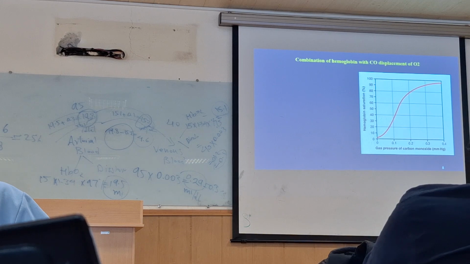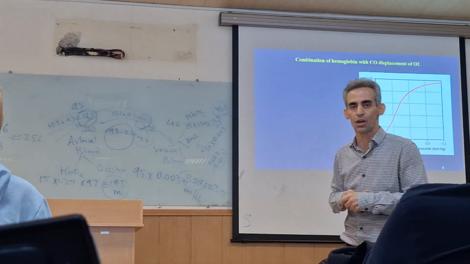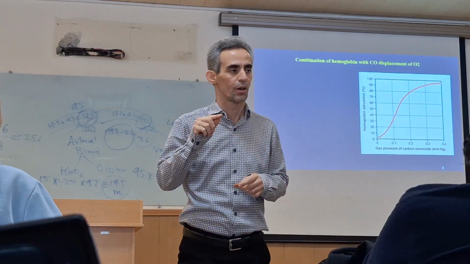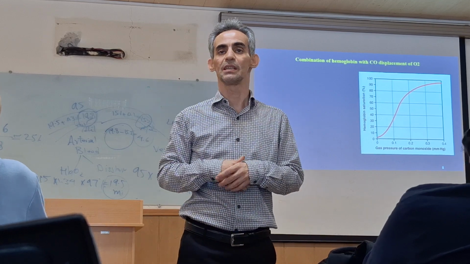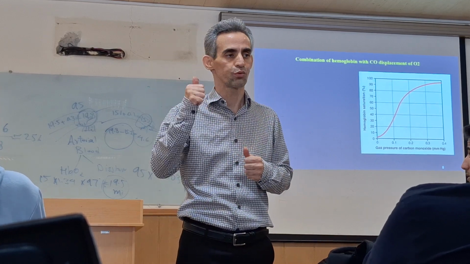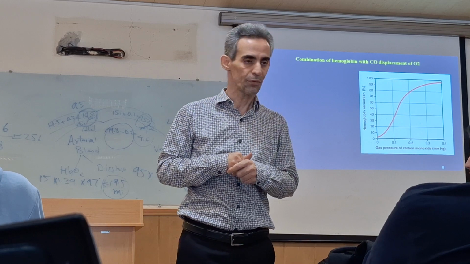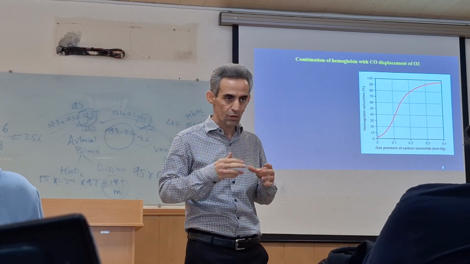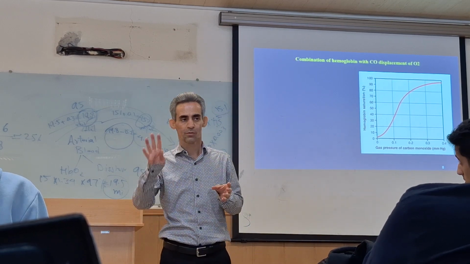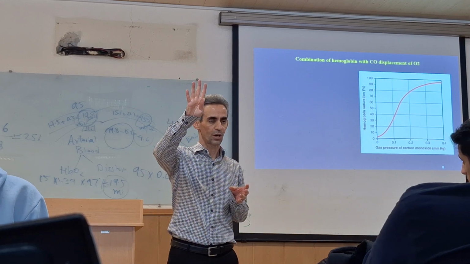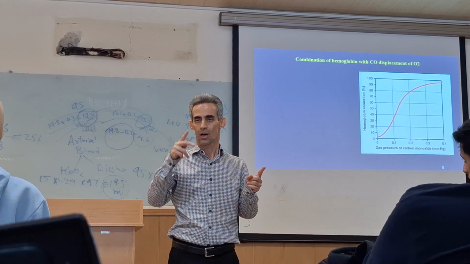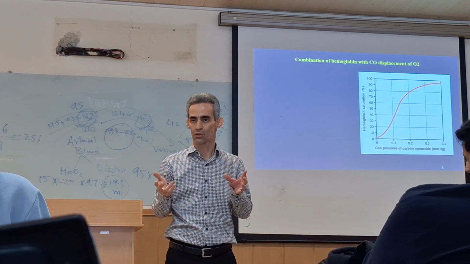You know that the binding site of carbon monoxide on hemoglobin is the same Fe2+. As I told you before, in each hemoglobin we have 4 polypeptides, 2 alpha and 2 beta, alpha2 beta2 in the adult form.